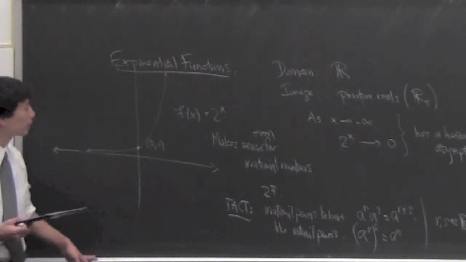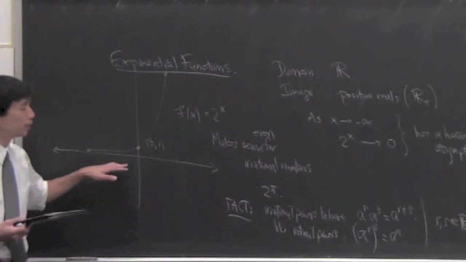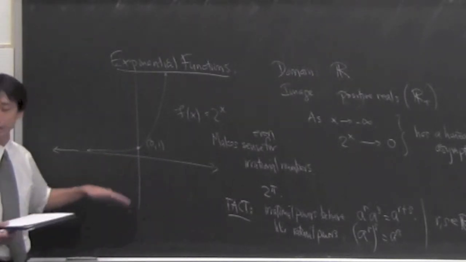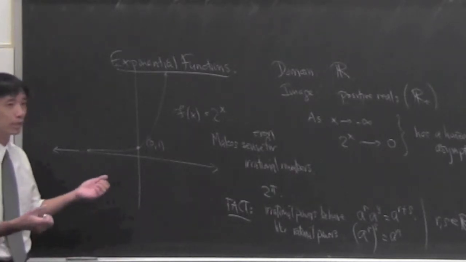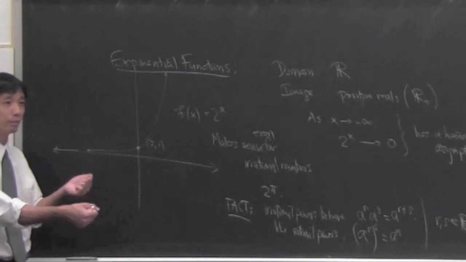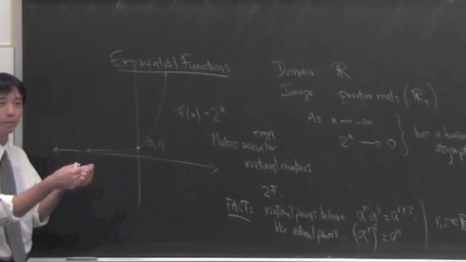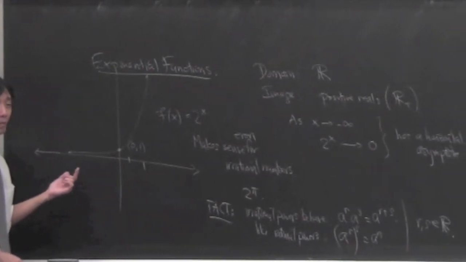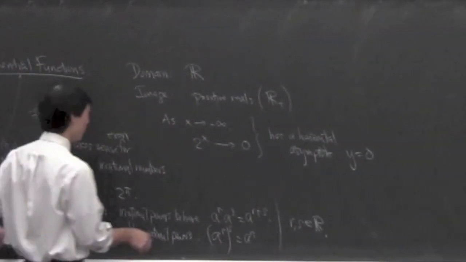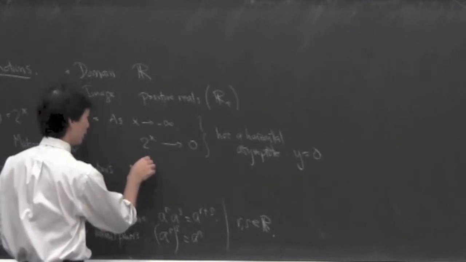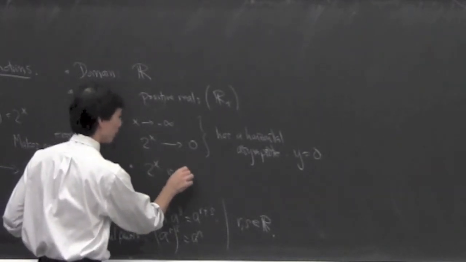Okay. Is this a one-to-one function? Does this function ever take two different values and return the same value? Are there two points that have the same height? No. You see that this function is increasing. 2 to the x is strictly increasing.